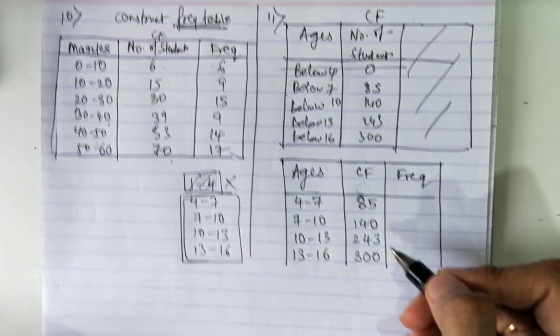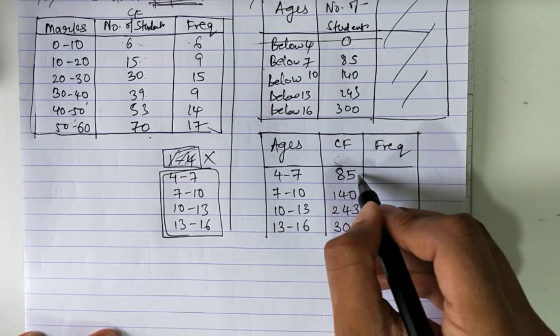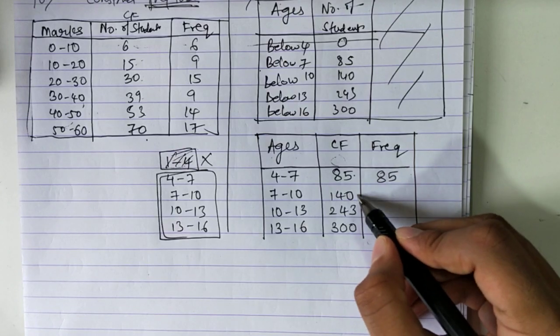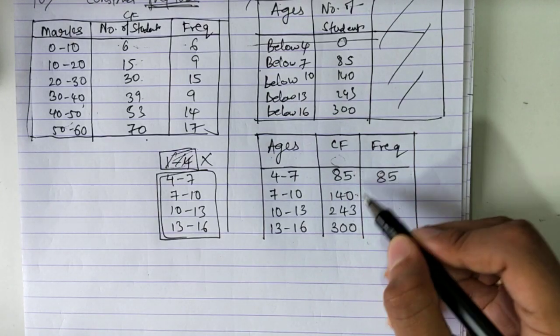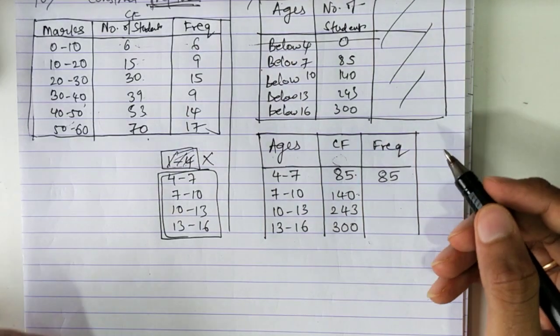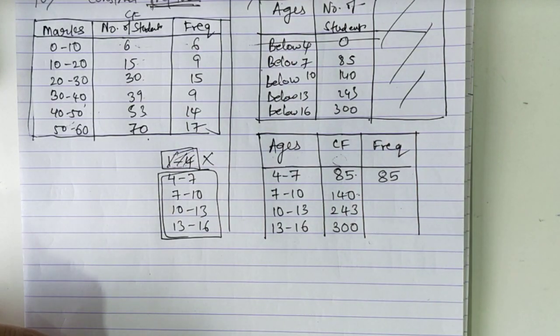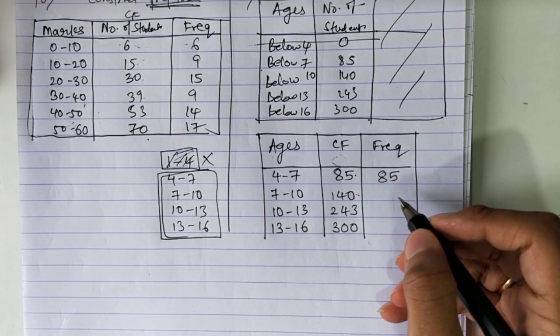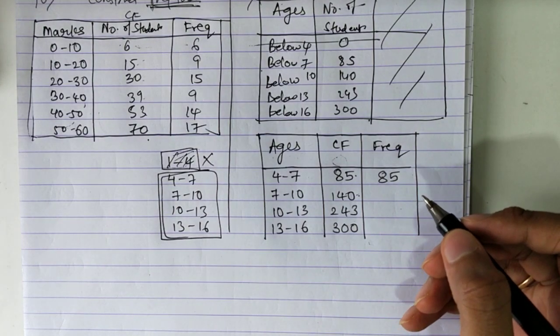So we have to find the frequency. How to find the frequency? Copy the first number as it is, 85. Then the second number, subtract the first number from it. That means 140 minus 85. What is 140 minus 85 here? It is 55.